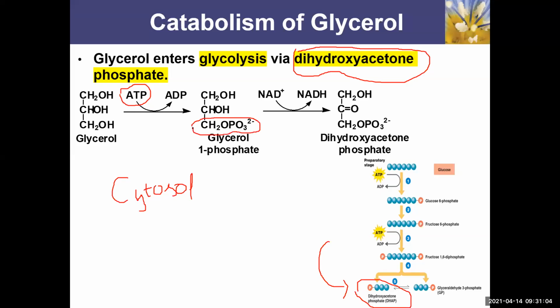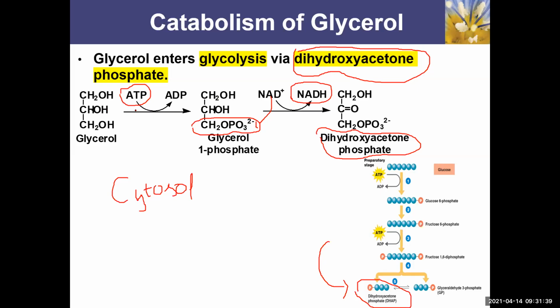So the glycerol phosphate is oxidized, that's the second step, by NAD positive, which gives us NADH, and then it forms the dihydroxyacetone phosphate.